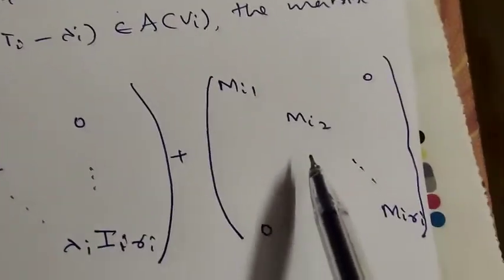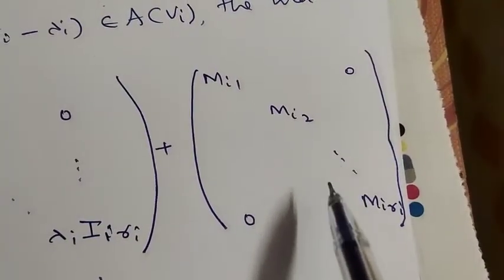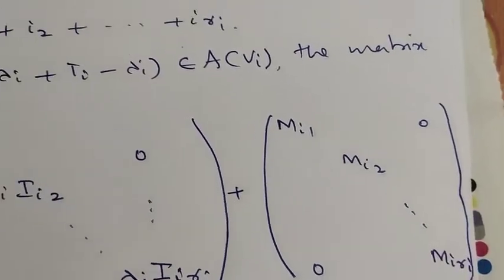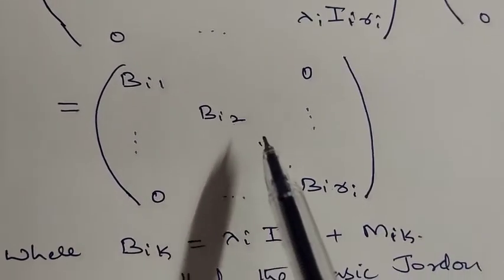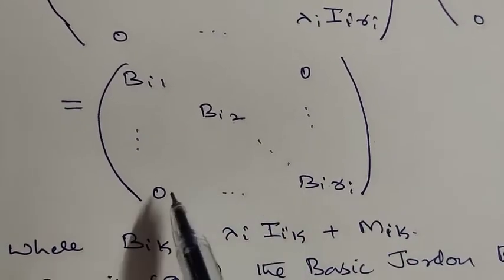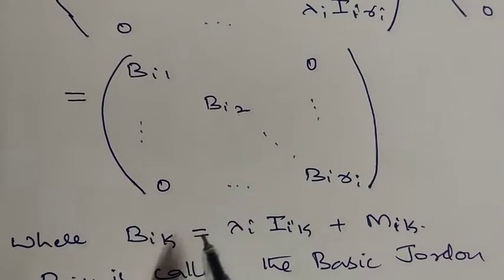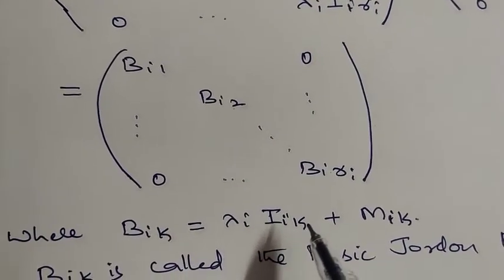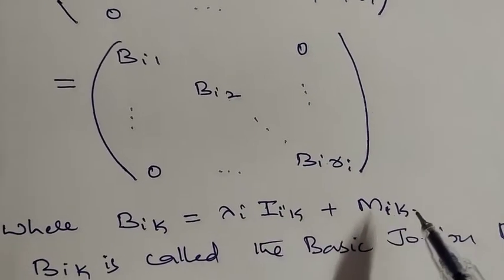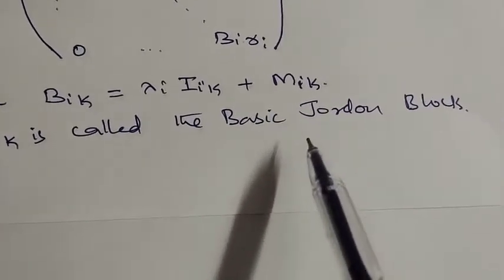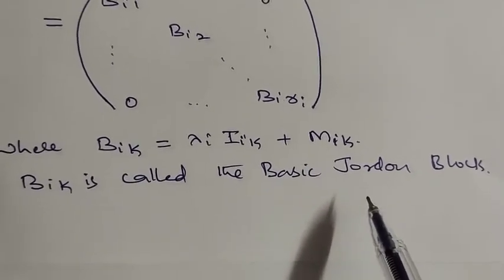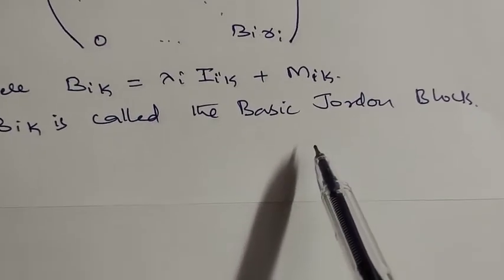So you write the remaining matrix Mi1, Mi2, etc., Miri. So if you sum up, you get a matrix that I will write as Bi1, Bi2, etc., Biri. Elsewhere it is zeros, where Bik is lambda I Iik plus Mik. Bik is called the basic Jordan block.